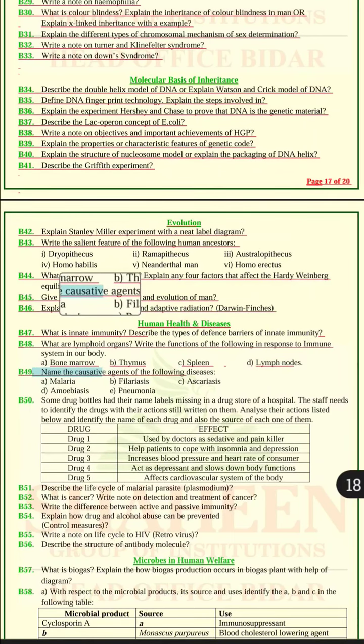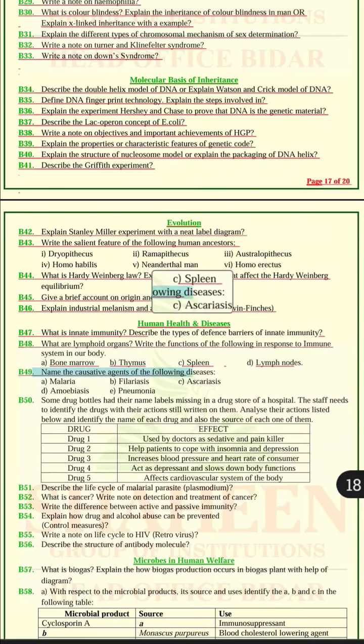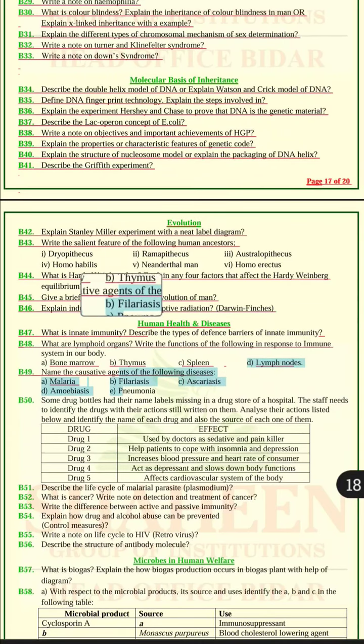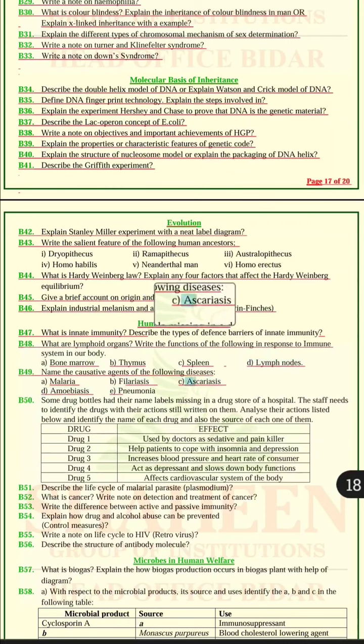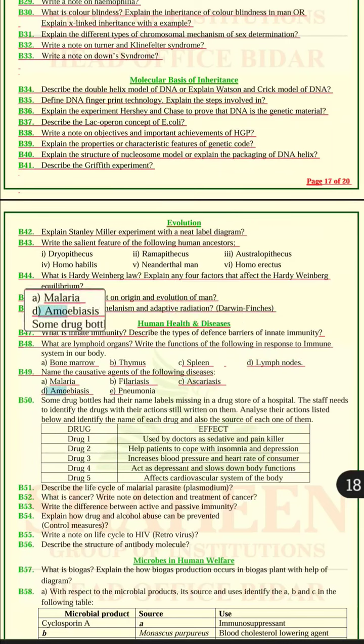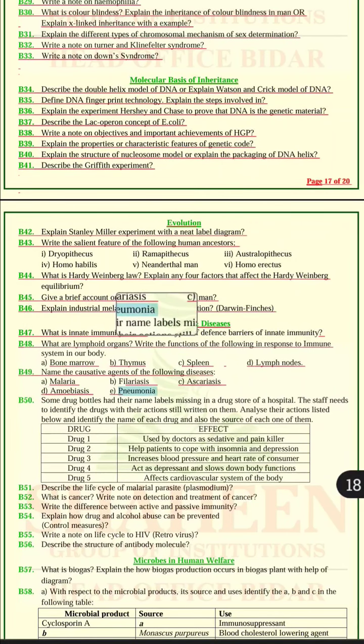Name the causative agents of the following diseases. In this first one disease is A. Malaria, B. Filariasis, C. Ascariasis, D. Amoebiasis, and fifth pneumonia.